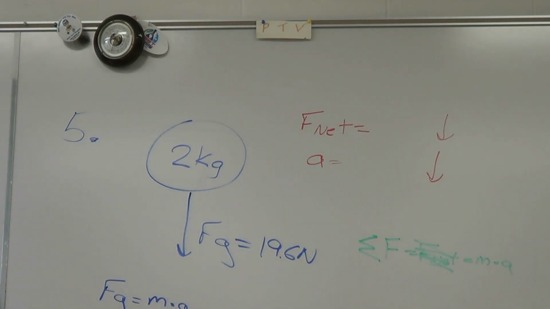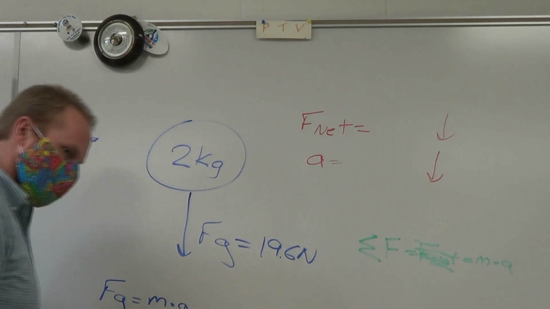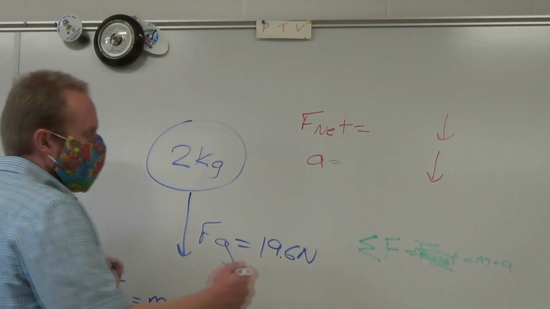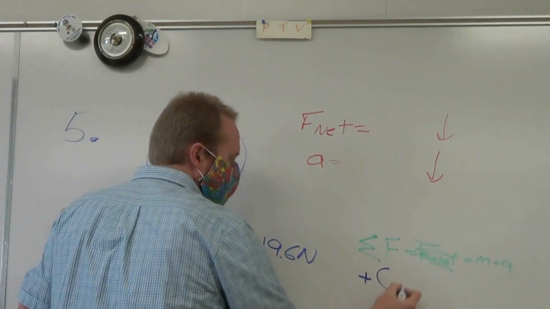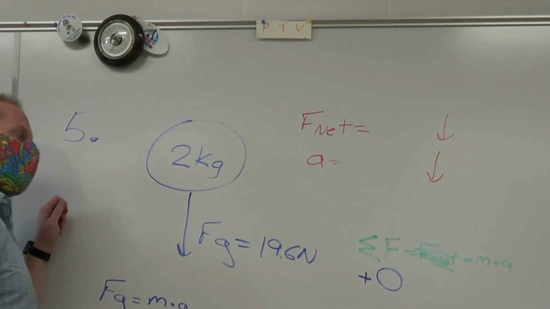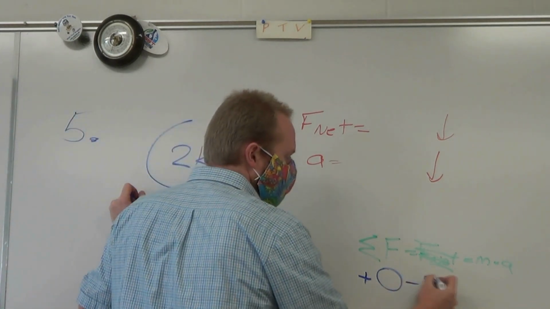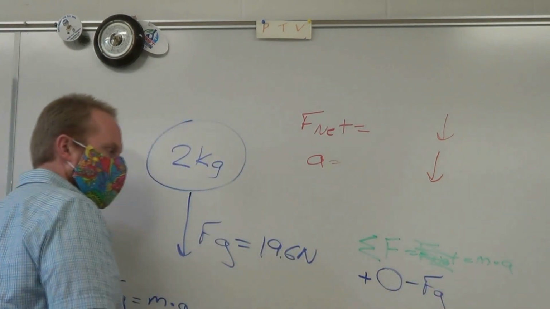So if we add our ups, in this case there aren't any. I add all the forces that are pointing upwards. There aren't any. I subtract my forces going down. By name, I'm identifying the forces.